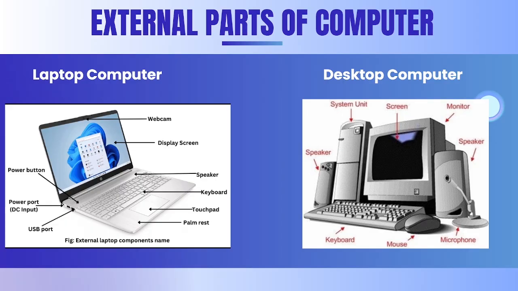For the desktop computer, we have the following external parts: system unit, screen, monitor, speaker, microphone, mouse, keyboard, and others.